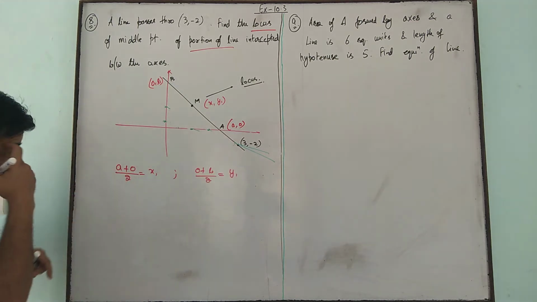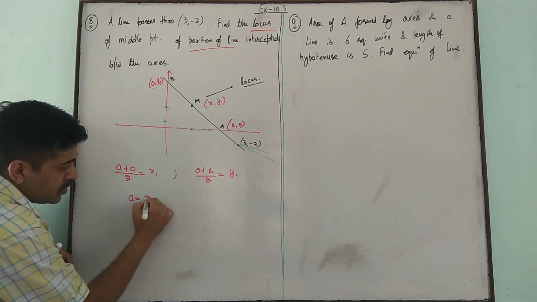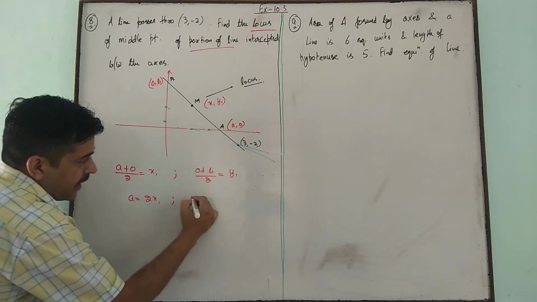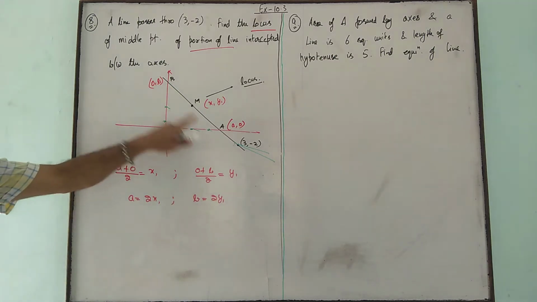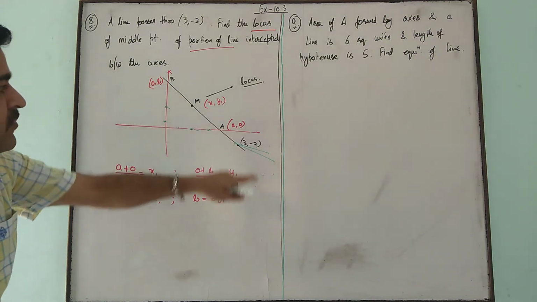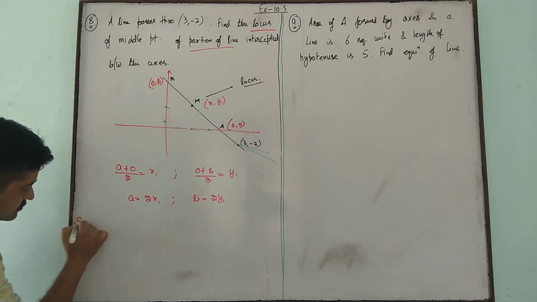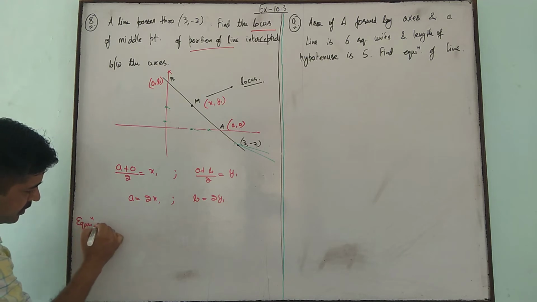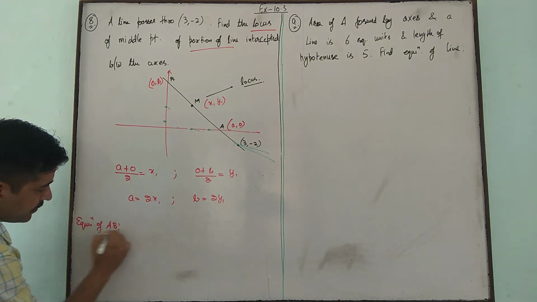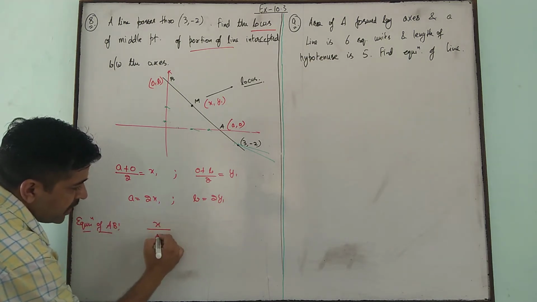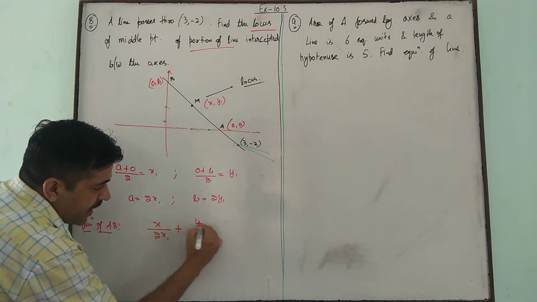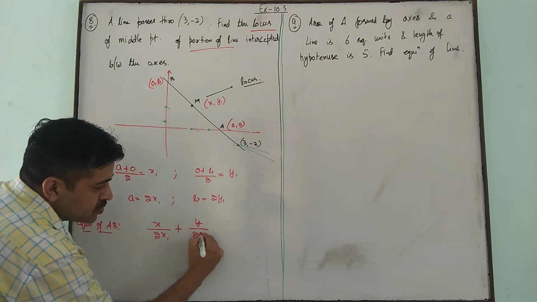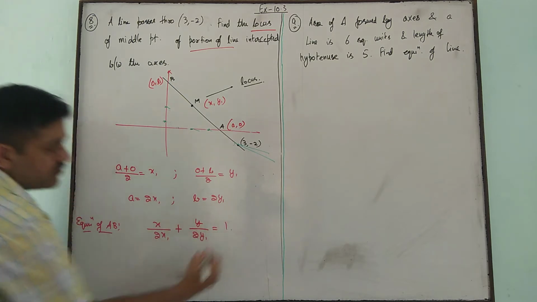So we got here that A is equal to 2x1 and B is equal to 2y1. Now what will be the equation of line AB? Equation of AB: x upon 2x1 plus y upon 2y1 is equal to 1.